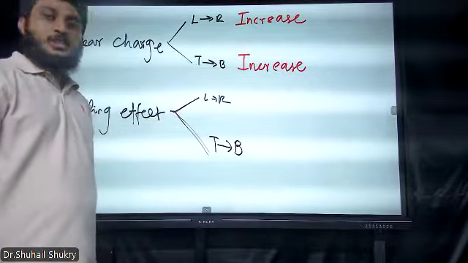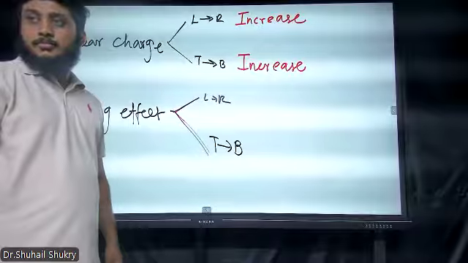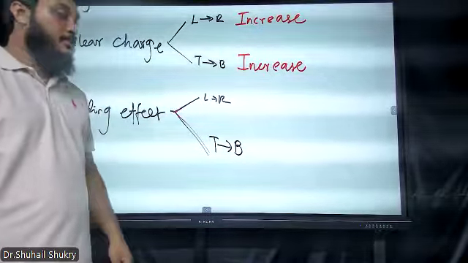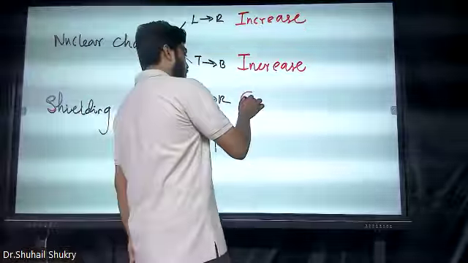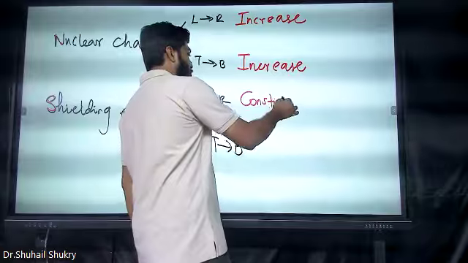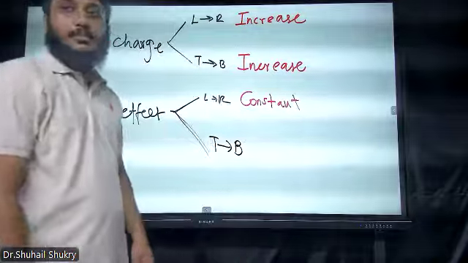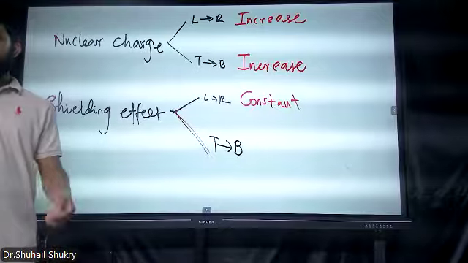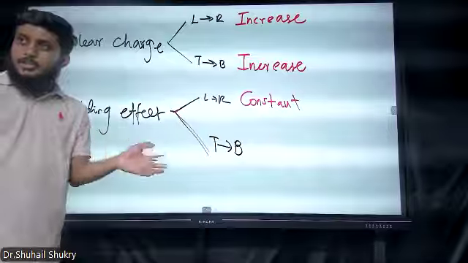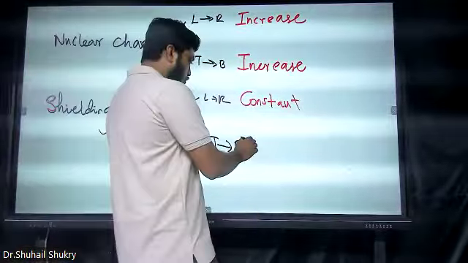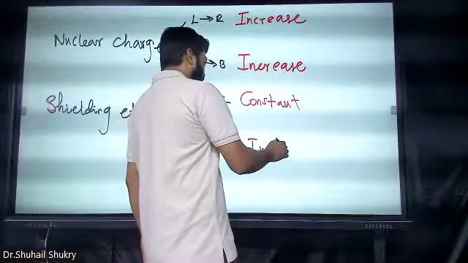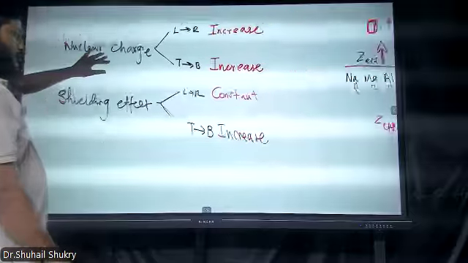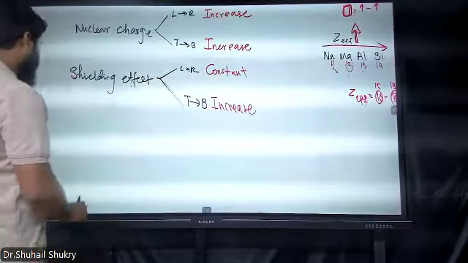It is constant. Left to right shielding is constant, because electrons are added to the same orbital. But top to bottom, shielding will increase. The number of shells is increasing, therefore shielding increases. And don't try to memorize it by heart. I am giving this chart not to memorize, but to double check.